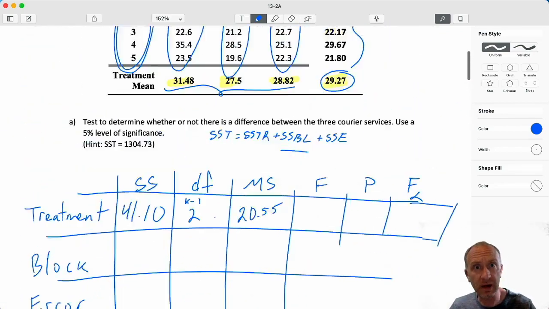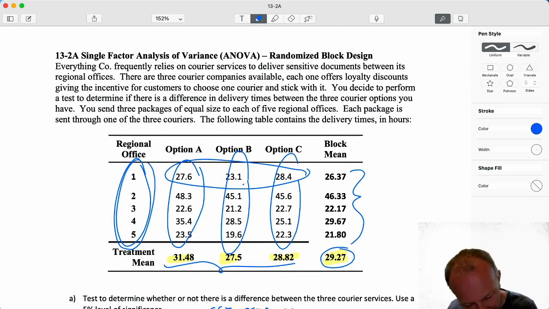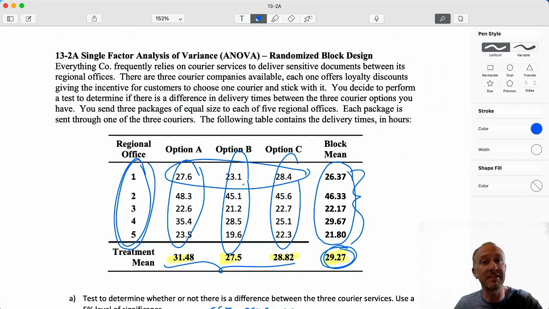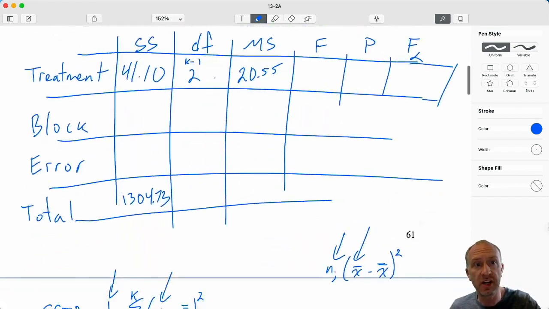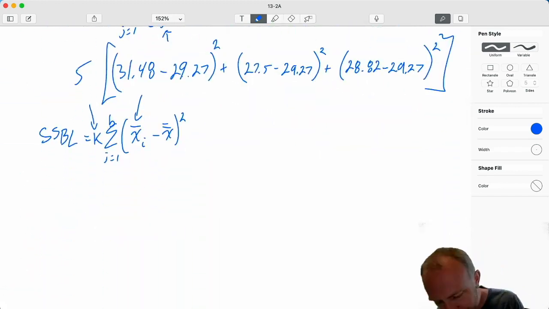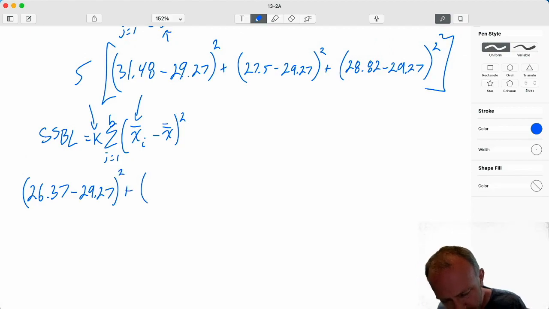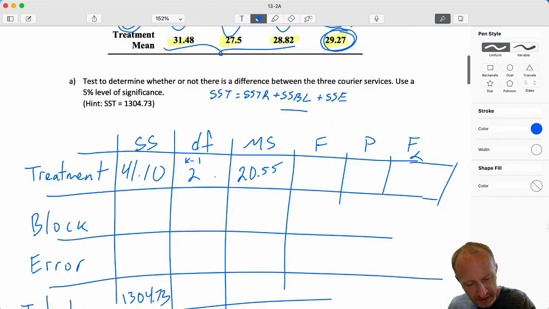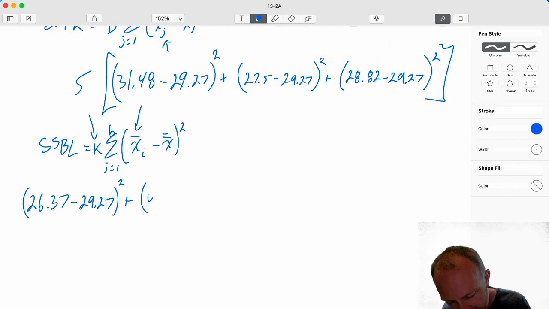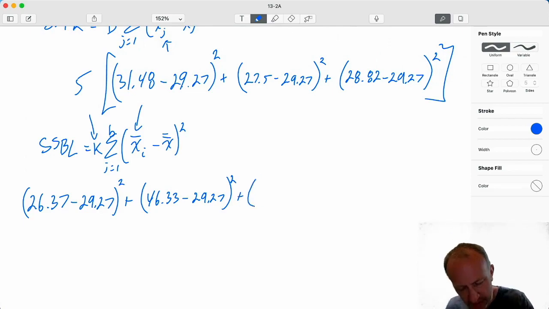So now we're going to be going through, it's a little bit more time consuming. I've got these 5 block means. The grand mean is still the same. So starting off, 26.37 minus 29.27 squared plus, this is going to be a lot of back and forth, 46.33 minus 29.27 squared.